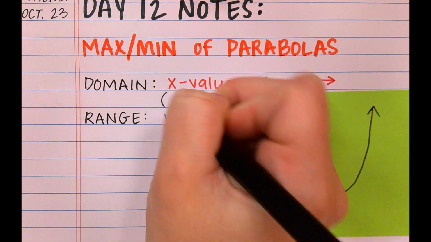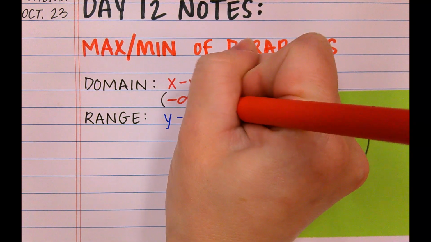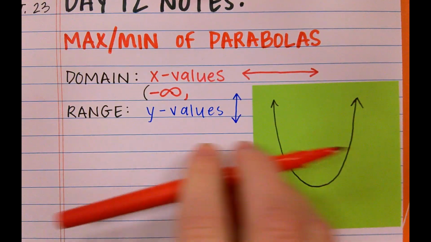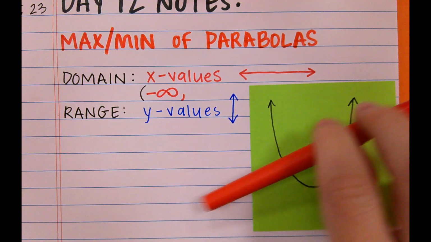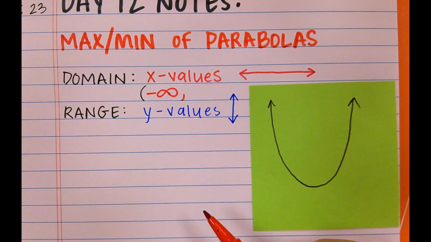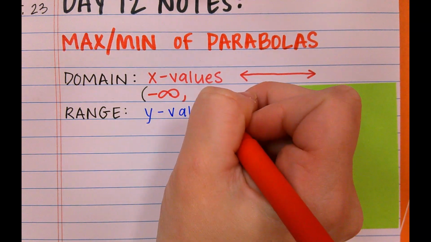So it will be negative infinity is our lowest value. Now, our highest value acts the same way. If there's no highest value, it keeps going to the right forever. What would my highest value be written as? Positive infinity.